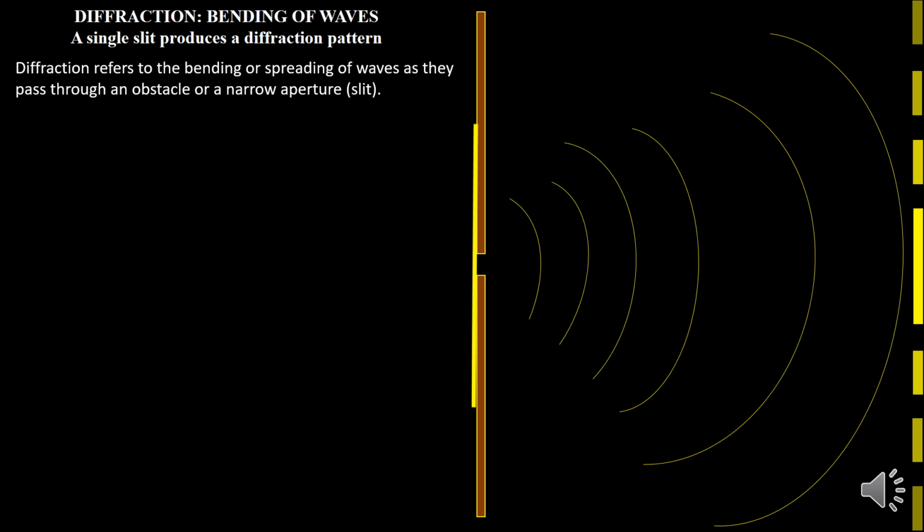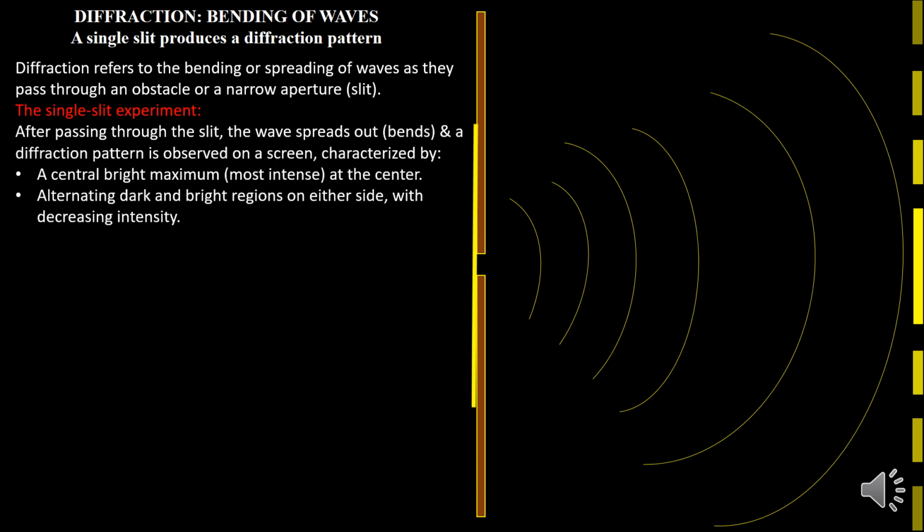So diffraction refers to the bending or spreading of waves as they pass through an obstacle or a narrow slit. What you observe during the single slit experiment is, after passing through the slit, the wave spreads out or bends, and a diffraction pattern is observed on the screen.